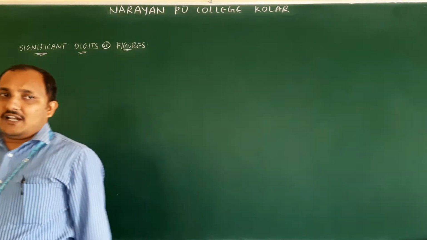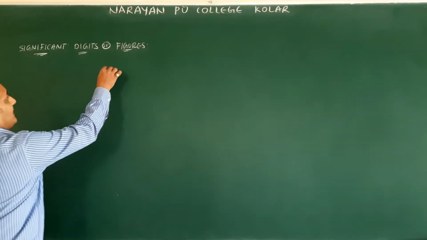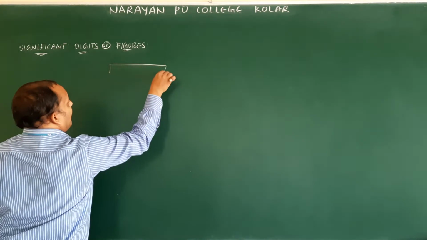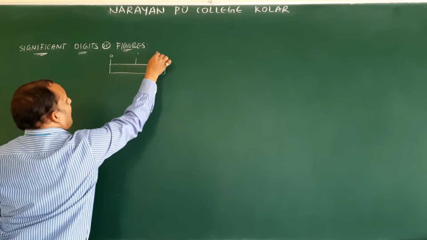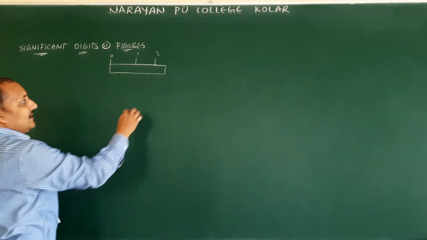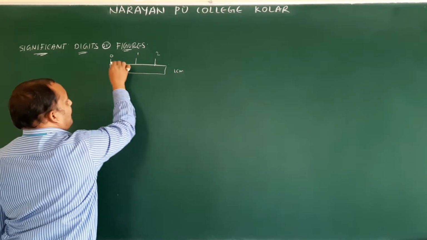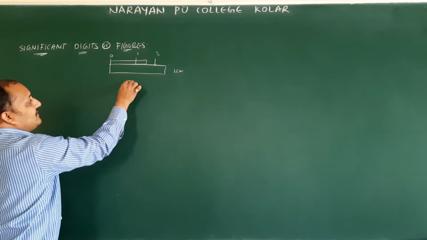So we measure some values, we get some error. Let us assume, while measuring the length of an object, this is a scale which is resolved up to 1 centimeter. This example I gave. Now what is the length of this object?